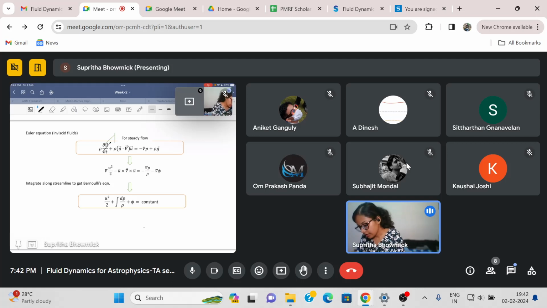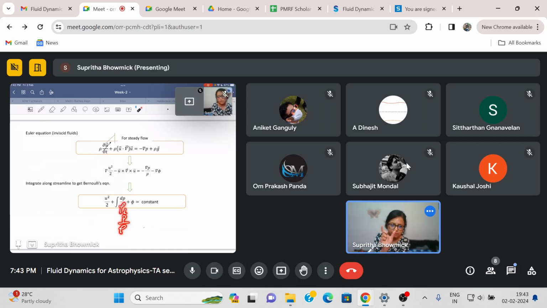So this term will give you the integration of dp by rho, and this term will give you just phi. And of course, since you have not set limits, you'll have some integration constant popping out. But the interesting thing is this entire thing becomes constant. And this equation, you write it in the more popular sense of p by rho, which will be true if the density were not dependent on the pressure.